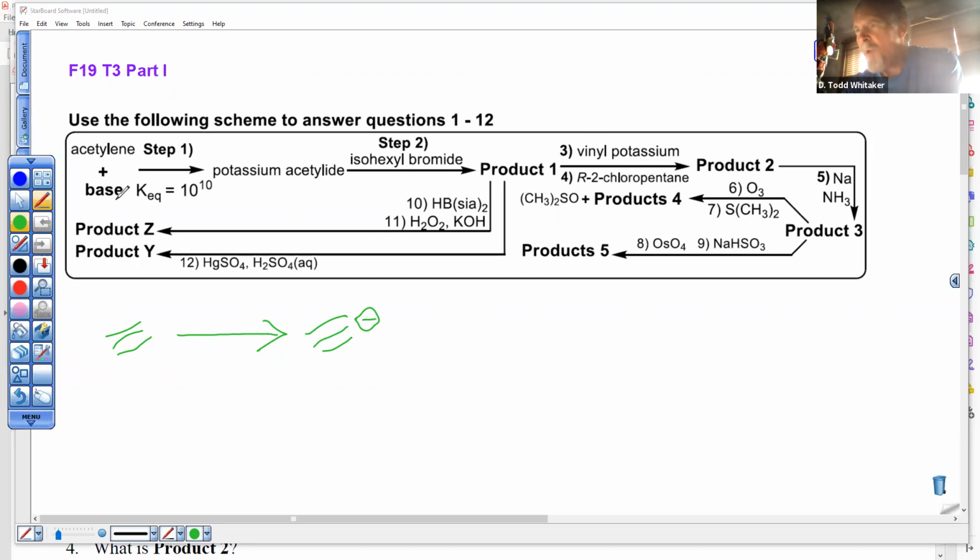We need to know what base is going to give us acetylide. So here's my symbol for a generic base, and I'm trying to draw a lone pair. And it's going to go to the conjugate acid of that base.